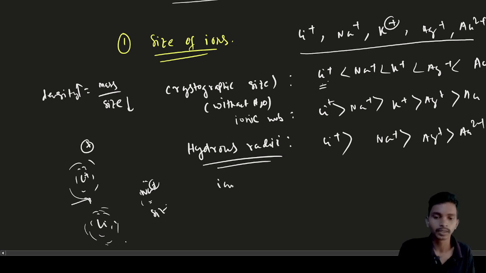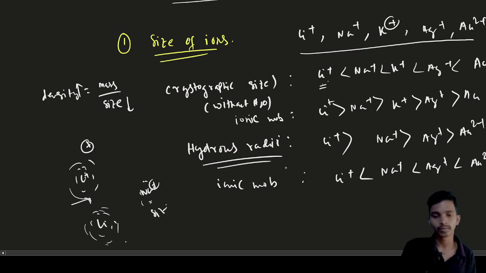So the ionic mobility for hydrated radius will be high for the one with the smaller hydrated size. Because of this hydrated radius, the size becomes more, and if size becomes more, then ionic mobility will be low, because size is inversely proportional to ionic mobility.